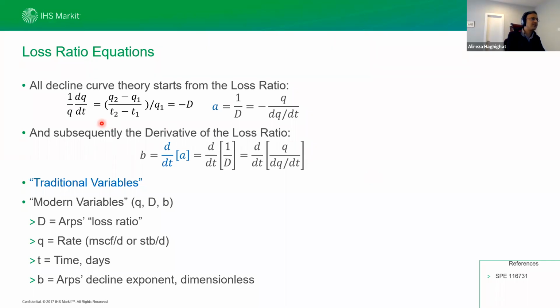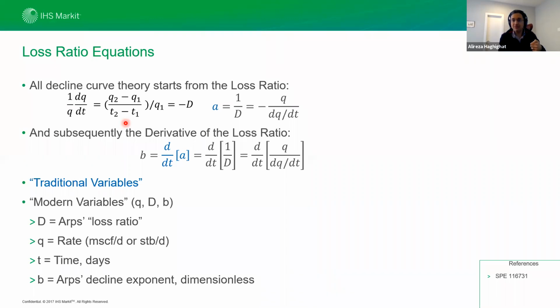So the decline definition is very easy. It tells you how much change in the production we see over a period of time. Imagine last month, the production of a well was 100 barrels per day, and today the production of the well is 90 barrels per day.